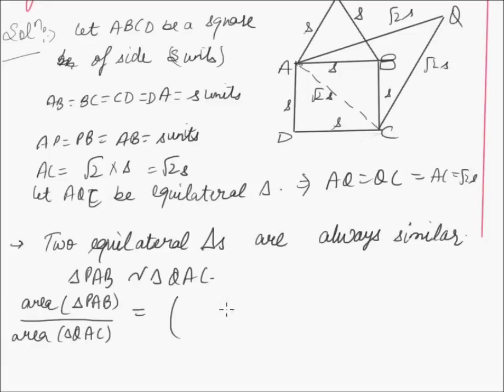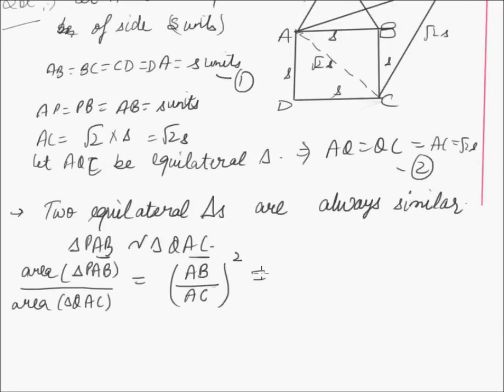will be the square of the ratio of corresponding sides. Now let us pick up the side AB in PAB, then the corresponding side in triangle QAC will be AC. Now let this equation be first and this be second. From first and second we can say that AB is S units and AC is root 2 S units.